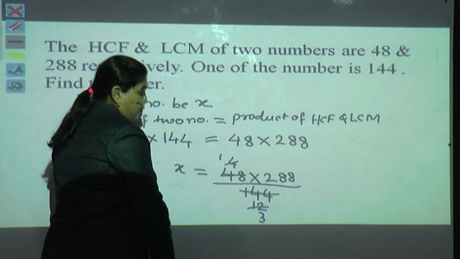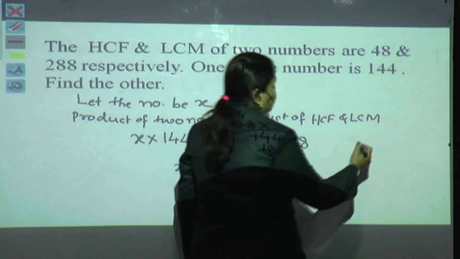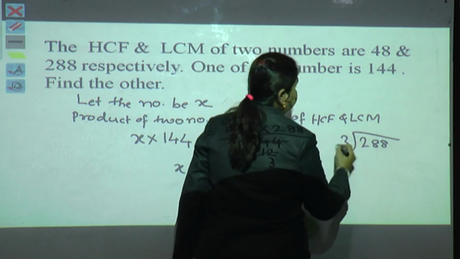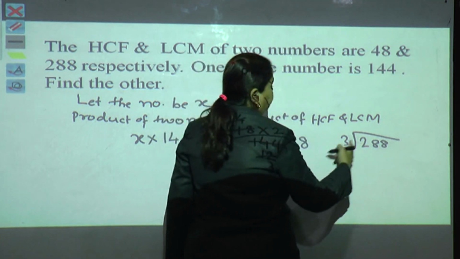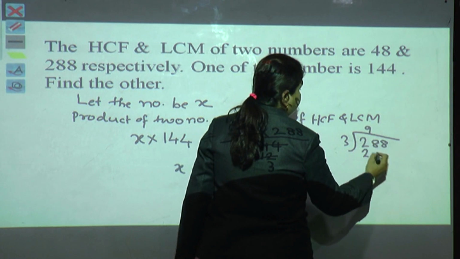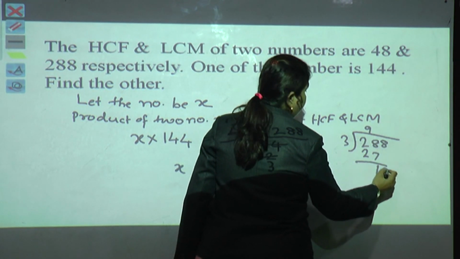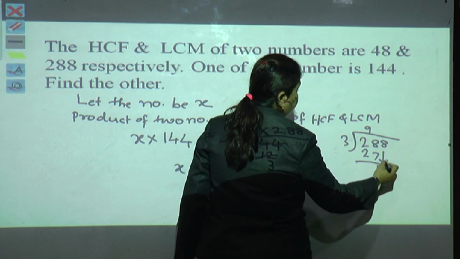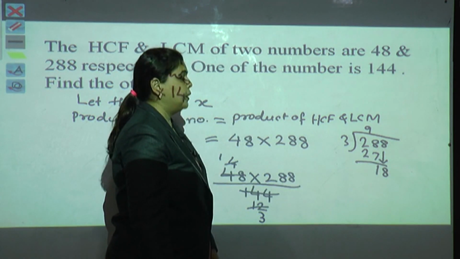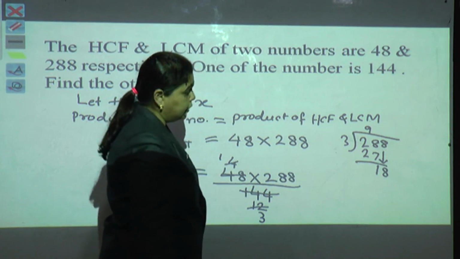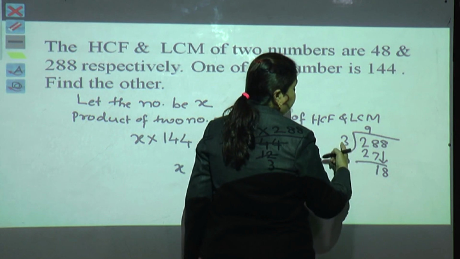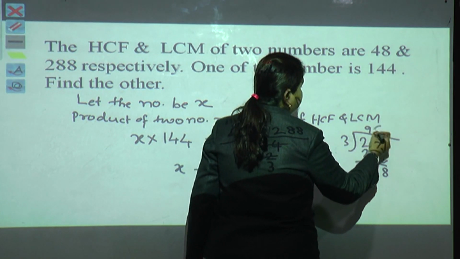If you want, we can do the practical division, that is 288 divided by 3. 3 how much is 27? 3 9s are 27. This is 18. We bring this number down. It is just rough work, so no need to go into all the detail, because we are doing it just to get the quotient. 3 how much is 18? 3 6s are 18.